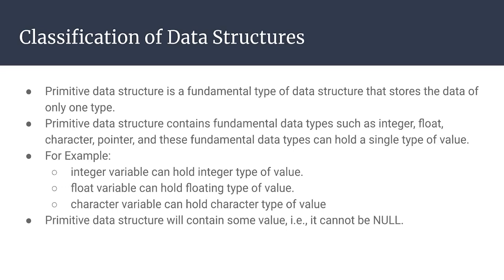So primitive data structures will contain some value, that is, it can't be null. The point we need to take care of here is that there should be one value associated with the data type in primitive data structures, and it can't be null, right? In different programming languages, let's take C as an example.